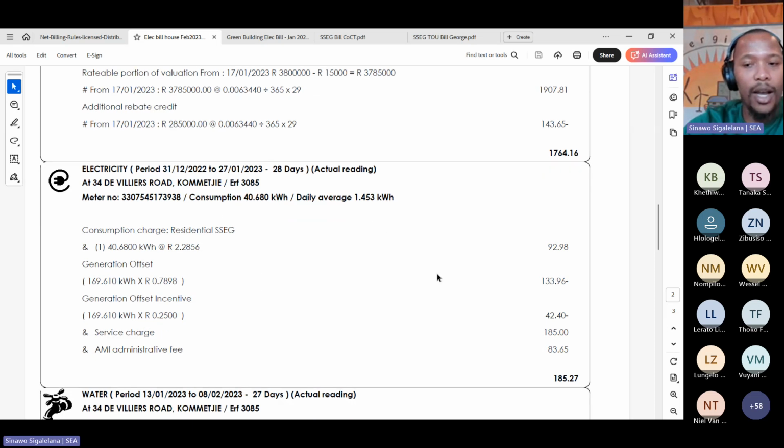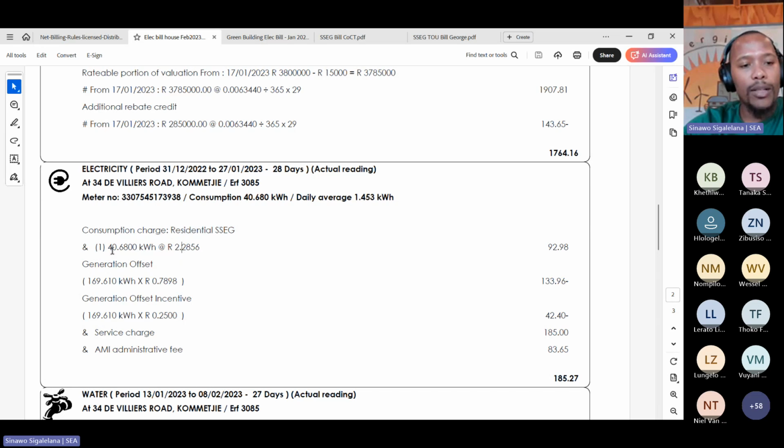We are mostly interested to find out how some municipalities bill currently, or in this case in 2023, how they handle SSEG tariffs or net billing tariffs or feed-in tariff or export credits. So we've got a residential customer here, residential SSEG.